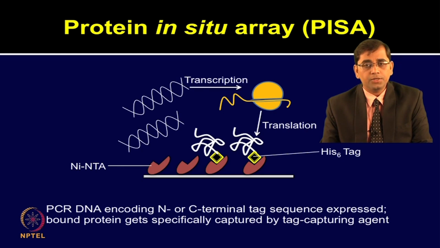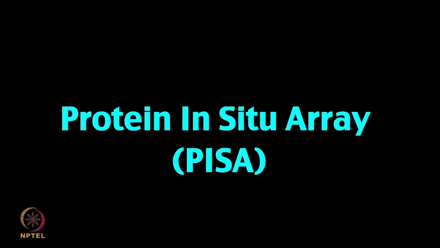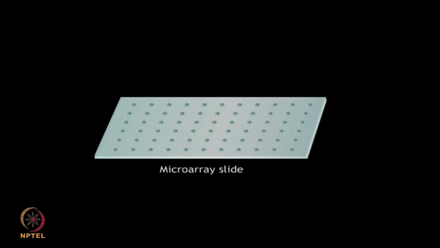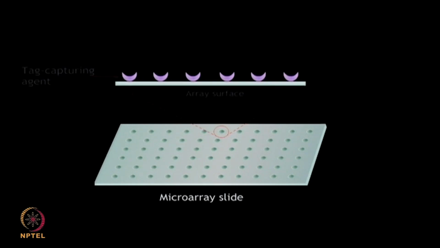Let me show you this animation where we can discuss the working principle of protein in situ arrays. Protein in situ array or PISA. In PISA, the protein microarray surface is coated with a suitable tag capturing agent that can immobilize the protein of interest through specific interaction once it is produced.